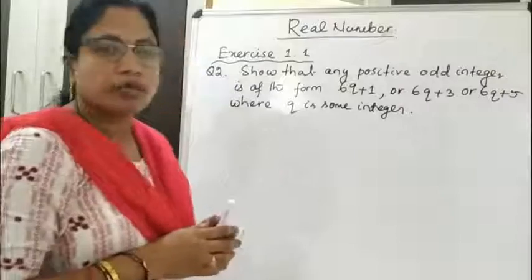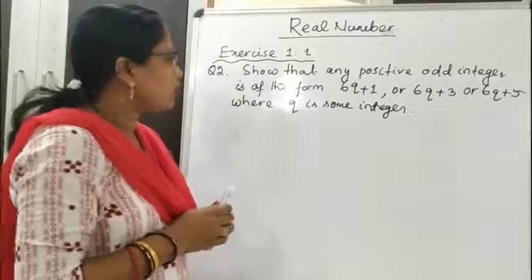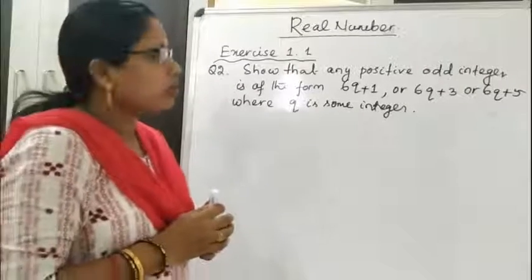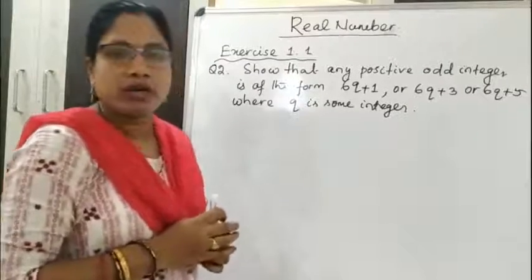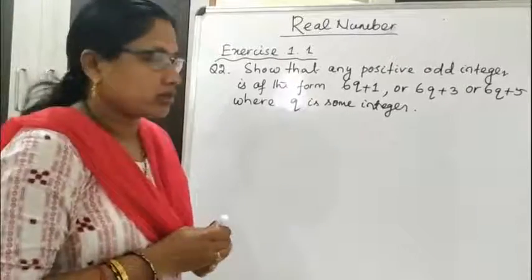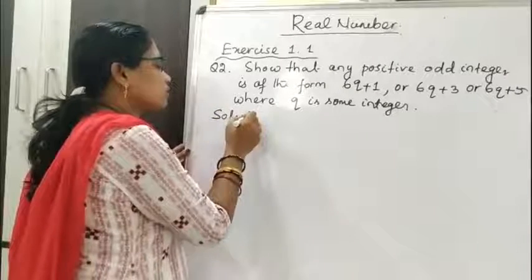So let us solve question number 2: show that any positive odd integer is of the form 6q plus 1, or 6q plus 3, or 6q plus 5, where q is some integer. So let us solve this.